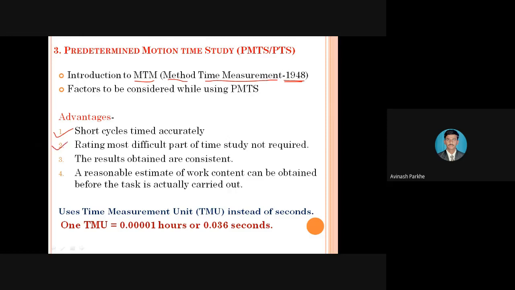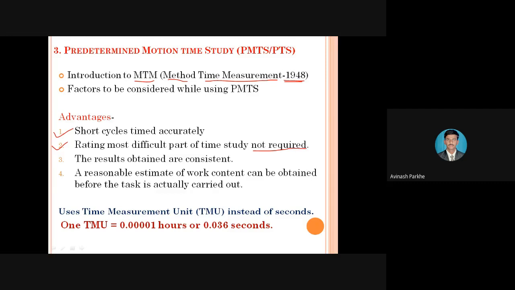Second, rating, the most difficult part of time study, is not required. Whenever I have to give a rating to the most difficult part, whether that part is completed within time or not, I can also check that using this PMTS concept. That's why I have given the example.